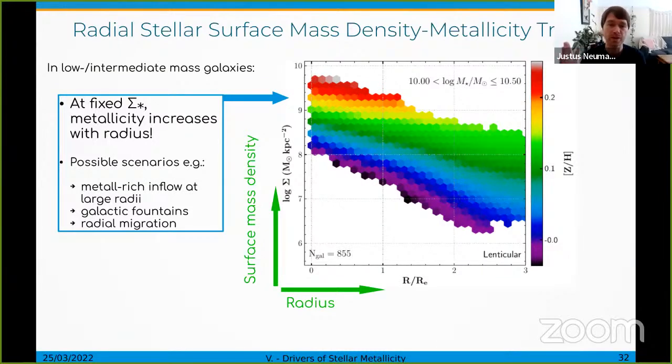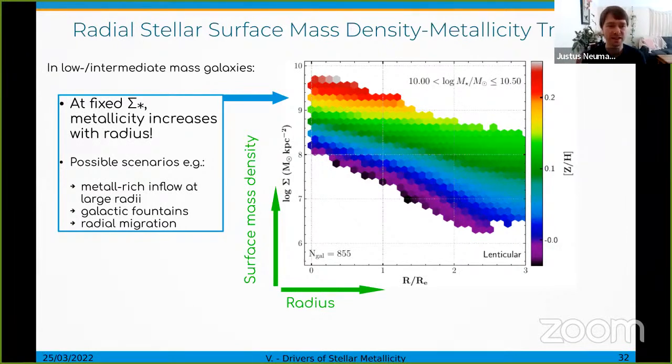But then when we look horizontally, very interestingly, at a fixed surface mass density, looking parallel to the radius, we see that the metallicity increases with radius. We have just seen before that when we plot metallicity against radius, we typically have this negative gradient, except for the lowest mass densities, lowest mass galaxies.